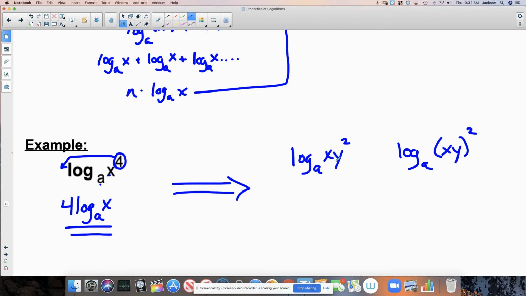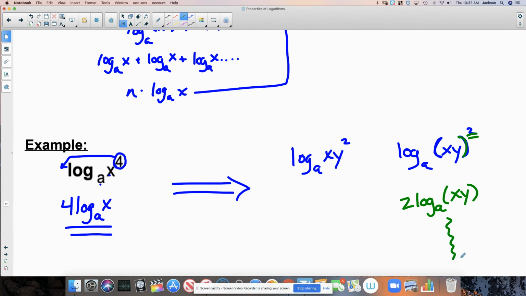I mentioned in a previous video how important parentheses are. So in this logarithm, what's inside this log is a power, right? The parentheses are here. Goes back to when we were talking about exponents, and I used to say that the exponent is only the exponent of what it touches or what it's closest to. So this 2 is the exponent of this product. So this 2 can come in front of this log, okay? And I'd still have the xy.